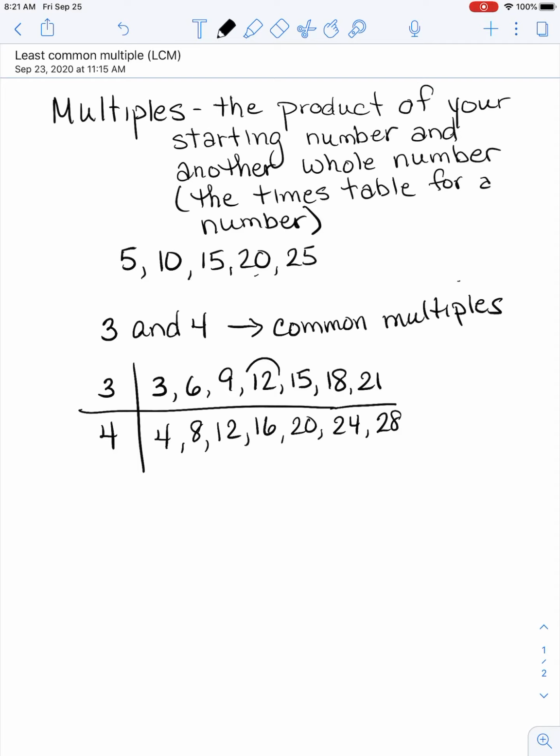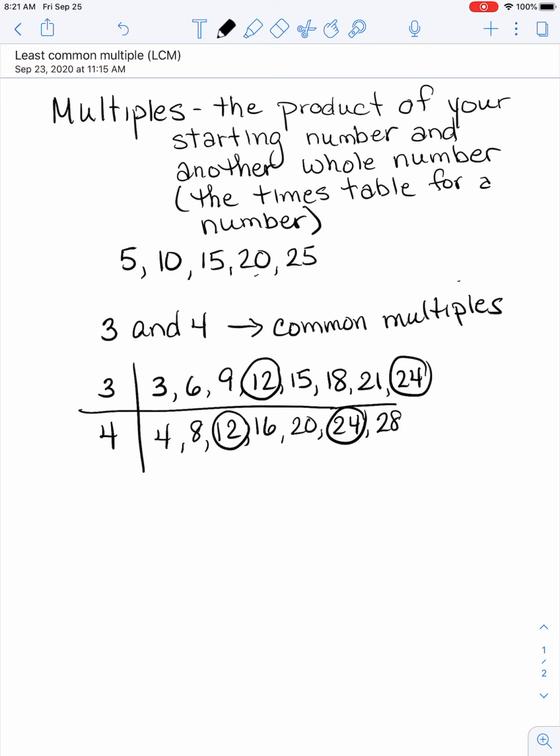And if I look at this, 12. And if I went on, I would have 24 here. Okay, and we have 24. Are there any other common multiples that you can see?